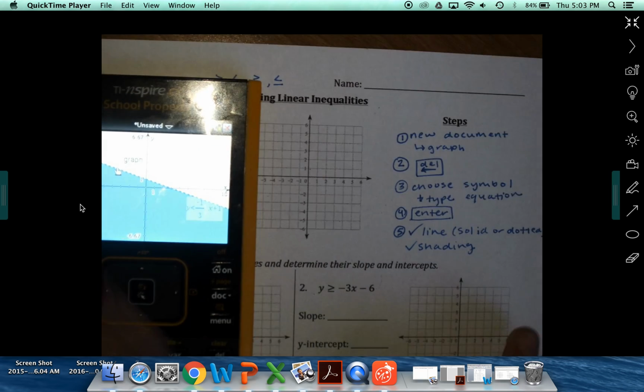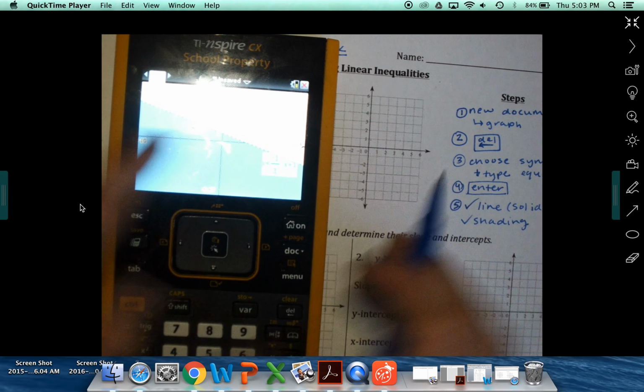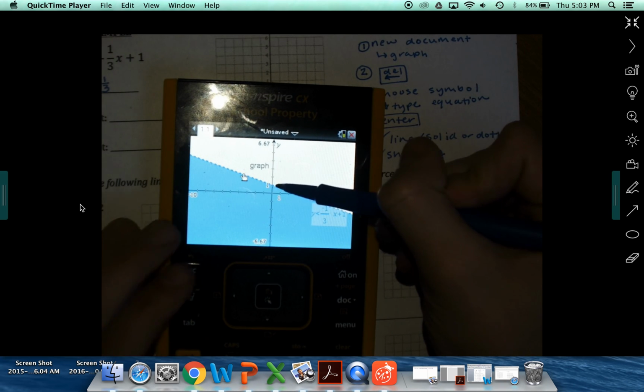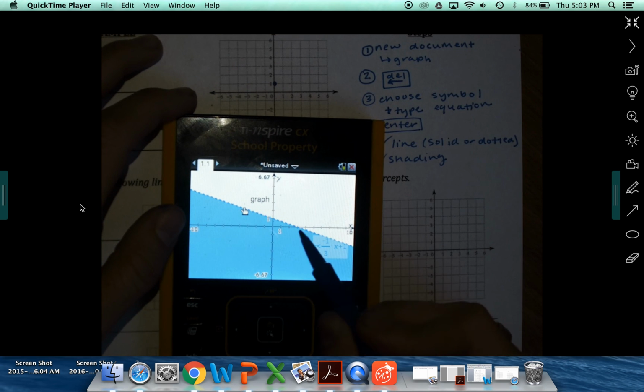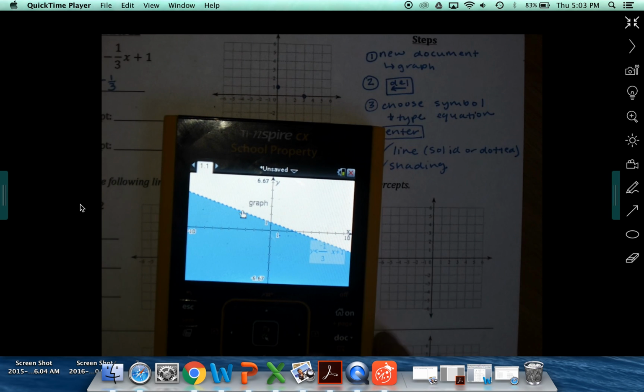Okay, so now I can get this on my graph. Notice it goes through my y-axis at 1 and my x-axis at 3, so I've got my line.